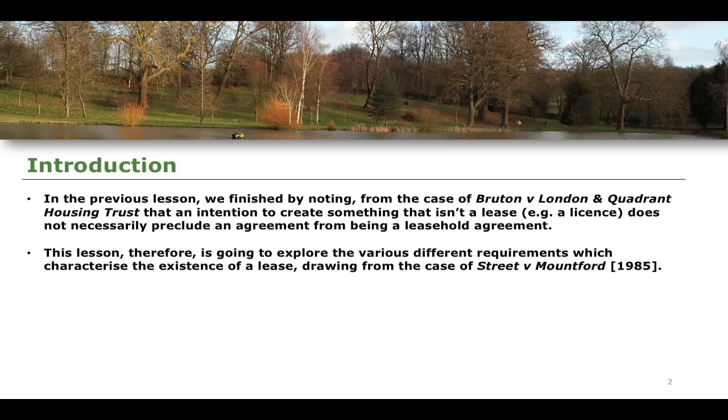And so we can draw on the case of Street and Mountford to identify what these various characteristics actually are. So what are the characteristics and the requirements for the establishment of a leasehold estate? The case of Street and Mountford from 1985 is an illustrative authority on this question. It gives us the indication of what are the key characteristics of a leasehold.